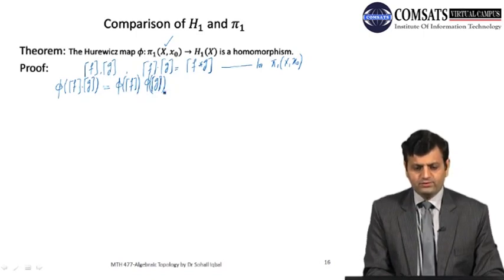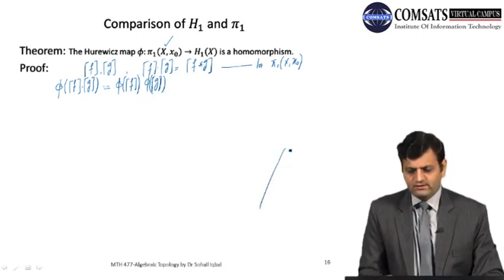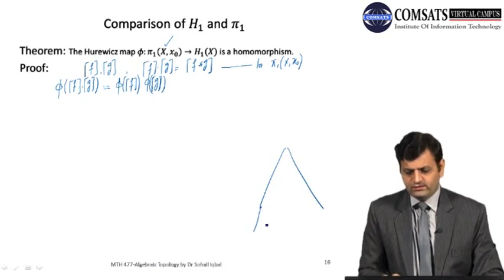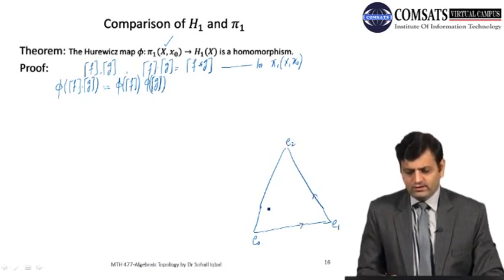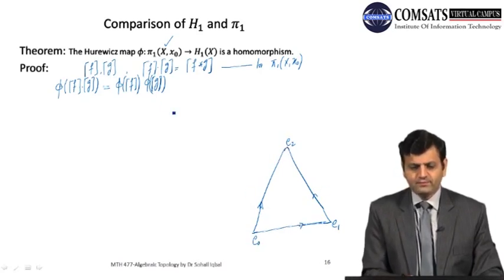To prove this, consider this 2-simplex generated by E0, E1 and E2. In this 2-simplex, we know that the boundary is these three 1-simplices.